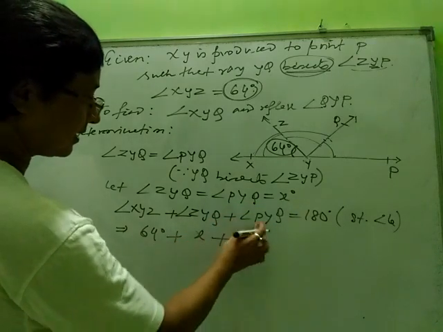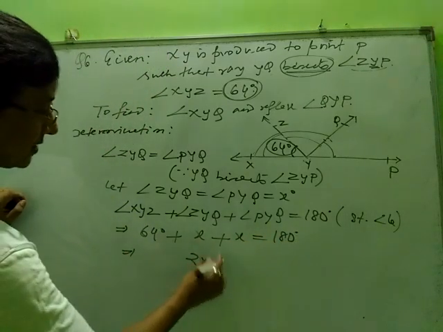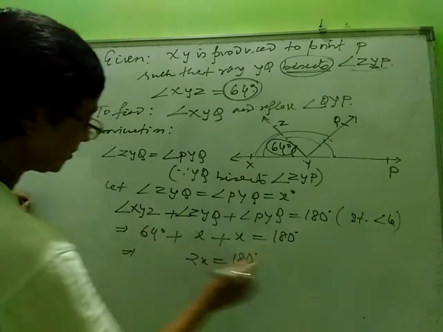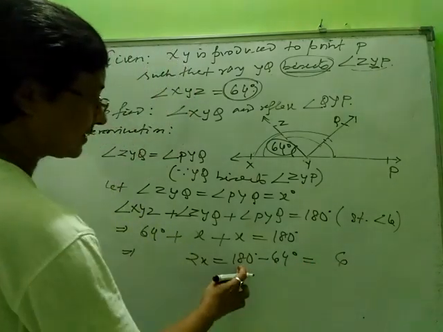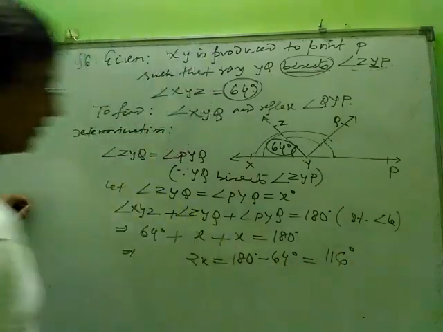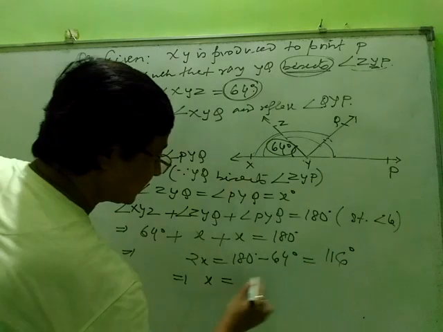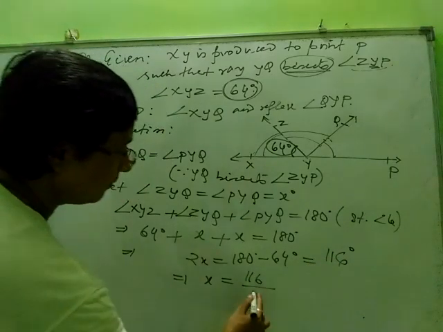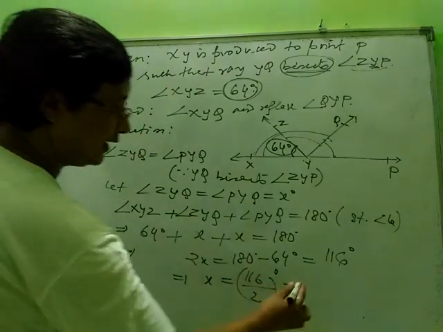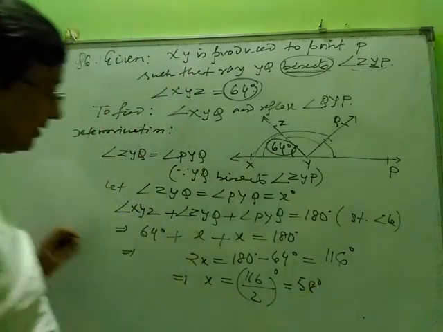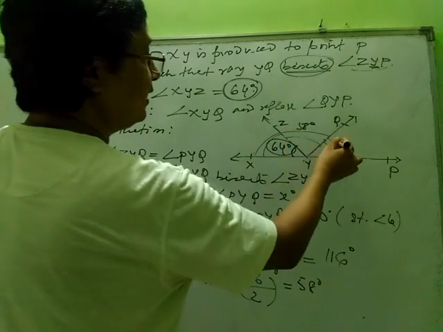So x equals 116 divided by 2, which is 58. That means each of these two angles measures 58 degrees.